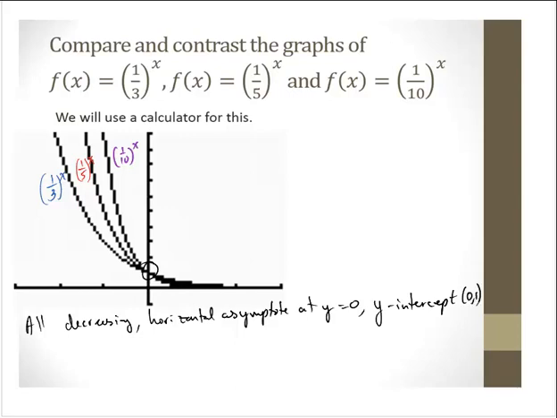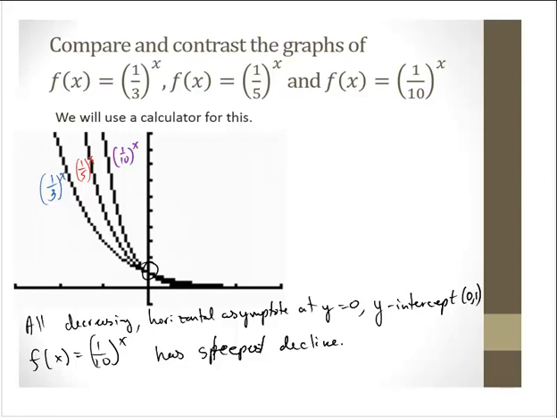But now look at those rates of decrease. Look at how steep they are. And so notice that the 1/10 to the x has the steepest decline. All right, so notice f of x equals 1/10 to the x is the steepest decline. But otherwise, they're pretty much the same graph.